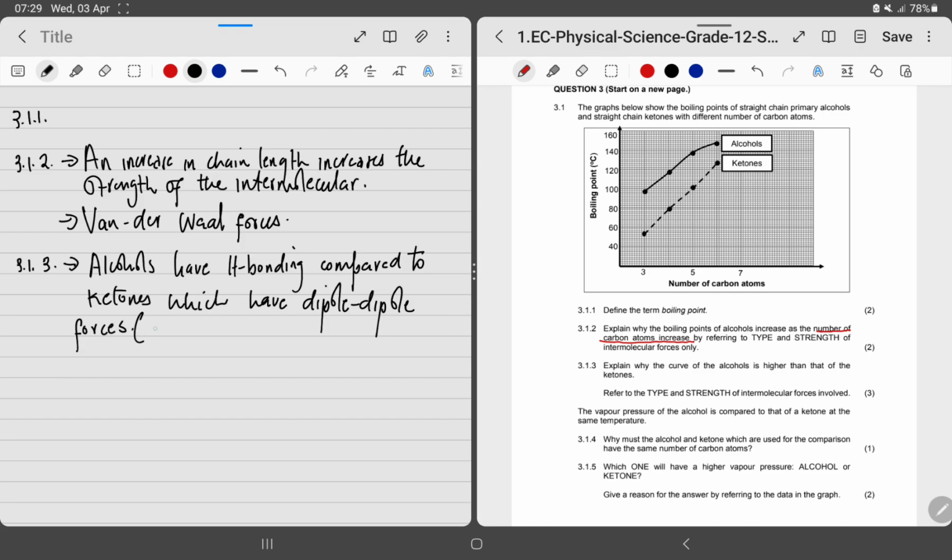And of course, they both have the weak van der Waals.